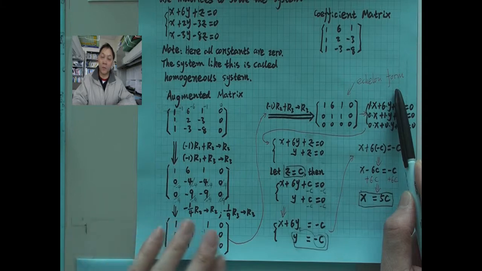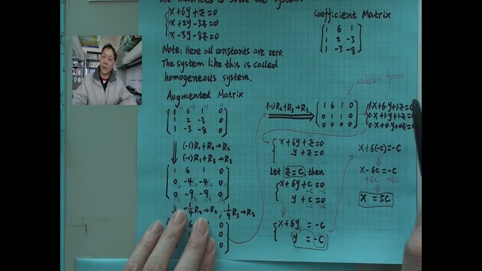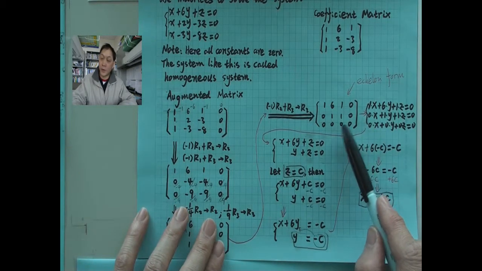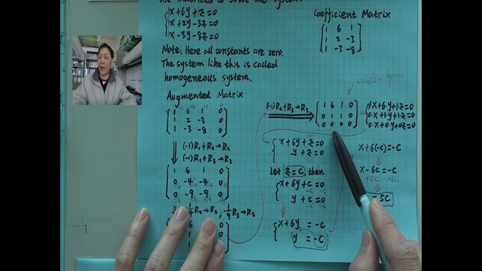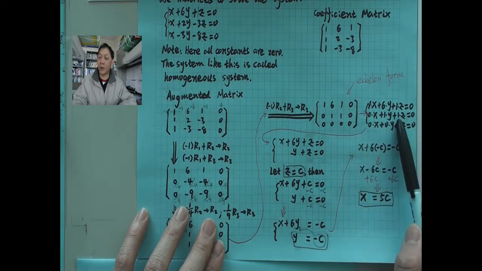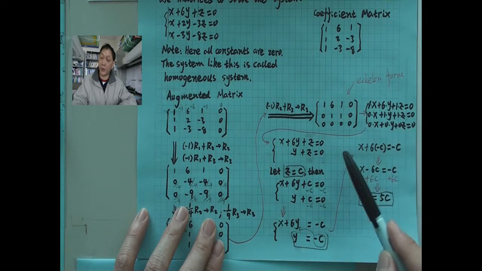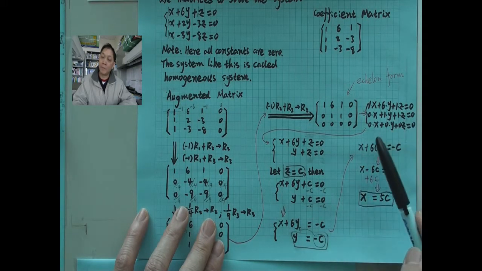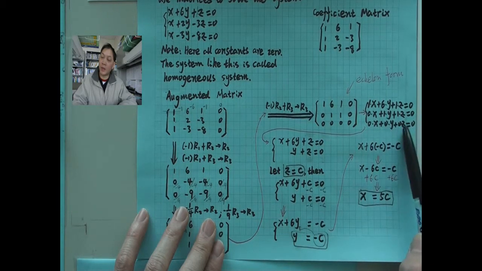For the echelon form, what you want to do, you then convert this back to the corresponding equation to do the back substitution. Okay, 0 times x, 0 times y, 0 times z, that's 0.